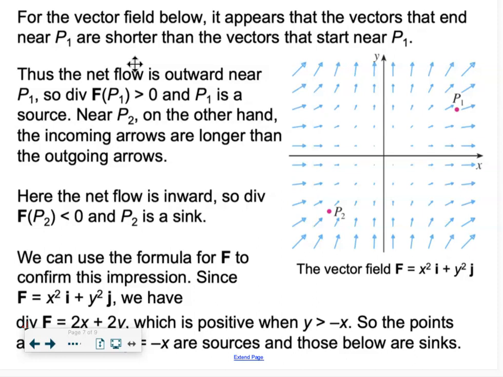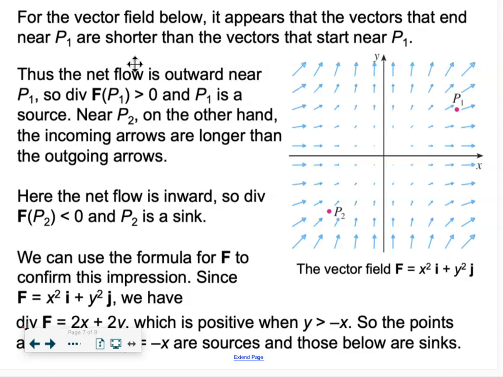Thus, the net flow is outward near P1, so the divergence would be positive there, and P1 would be a source. At P2, the vectors that end towards P2 are longer than the vectors that are leaving P2, and therefore the net flow would be inward, the divergence would be negative, and P2 would be a sink.